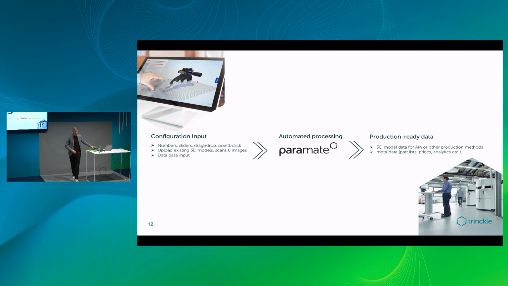In the case of orthopedicians, it's mostly scan data, but it could be basically anything. It could be image data. It could be a user interface with sliders and numeric inputs. It doesn't really matter. What we try to get is this input, then apply a set of rules, generate automatically following these rules an output which is ready to print and optimized for the printing process.